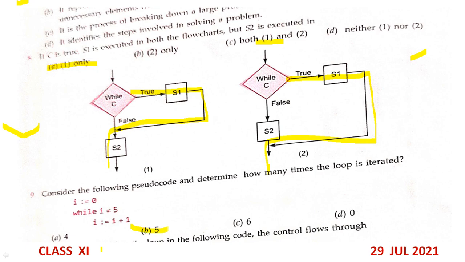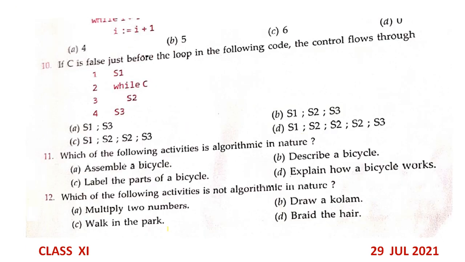Right? Okay. Let us move to the 10th question here. If C is false, just before the loop in the following code, the control flows through. So as you know, if it is true, it will enter into the loop.